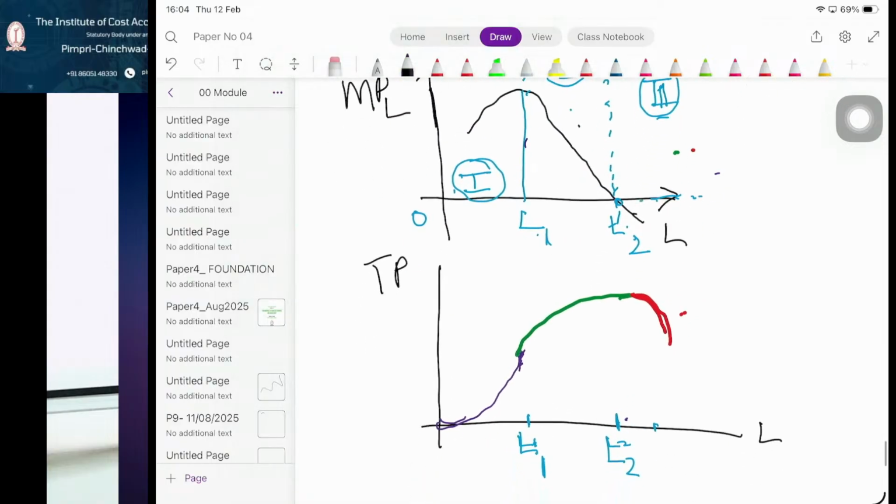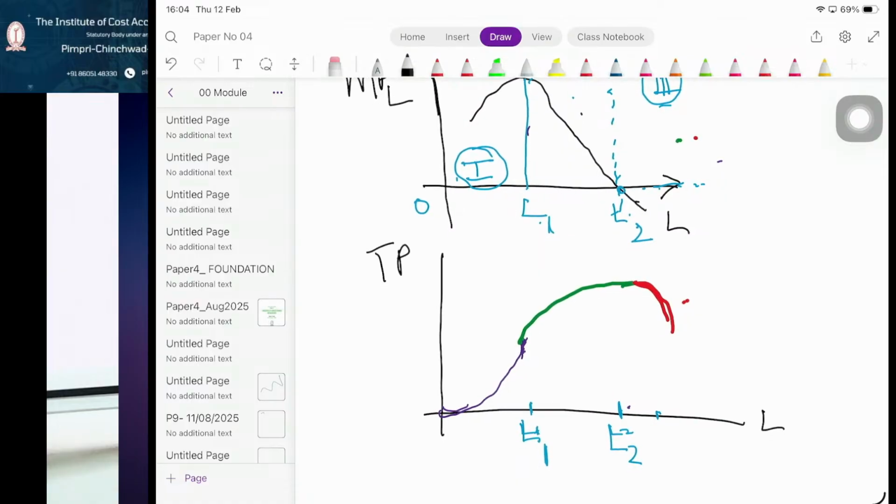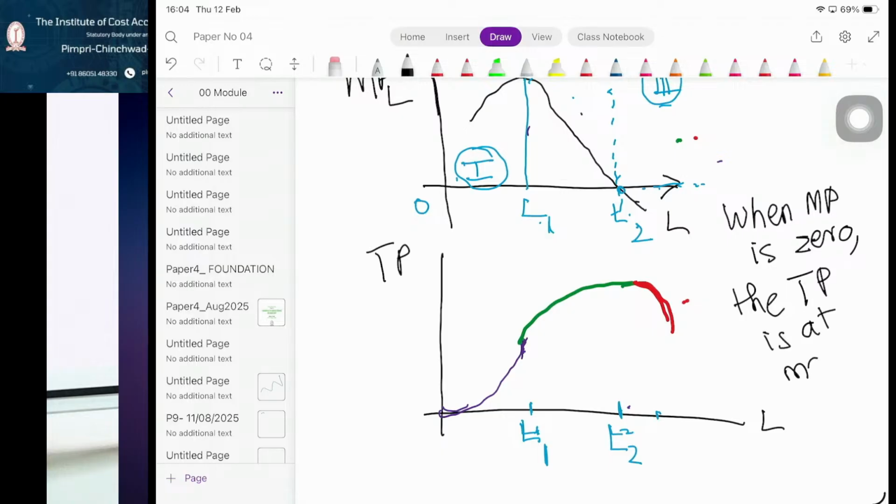But also remember one thing, when marginal product is 0, the total product is at maximum. The maximum point of production is when marginal product becomes 0.